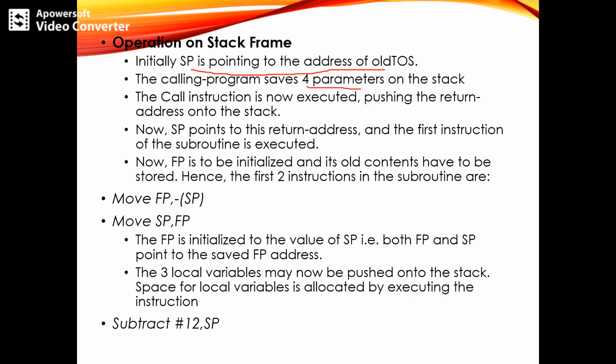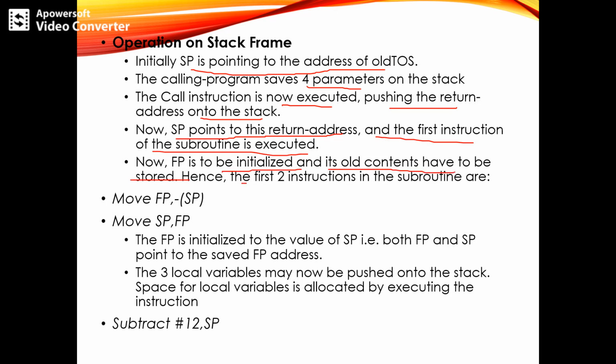The call instruction is now executed, so it will push the content of the return address into the stack. Now SP points to the return address content and the first instruction of the subroutine is to be executed. Now FP is to be initialized and its old content has to be stored.